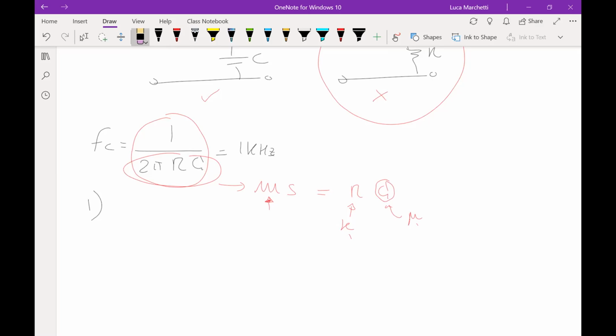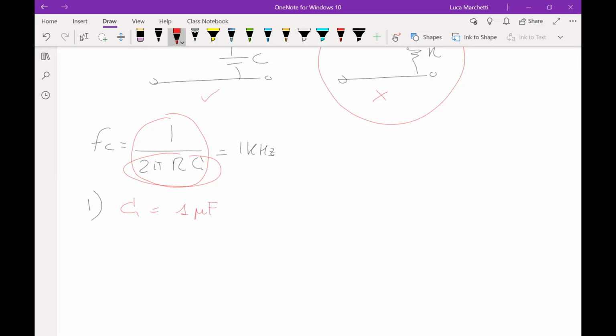Or in the same way, if you want to use a smaller capacitance, you can think about nano, but then you need a megaohm resistance to have milli, right? So I know this is a little intuitive, but when you become a little more experienced, you will also do it like that. So in this case, if you understood my maybe not so clear explanation, I will choose a capacitance of maybe 1 microfarad.